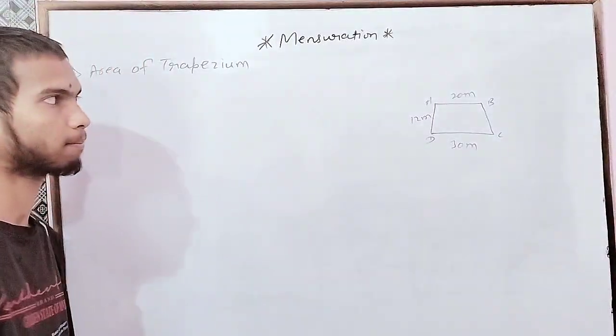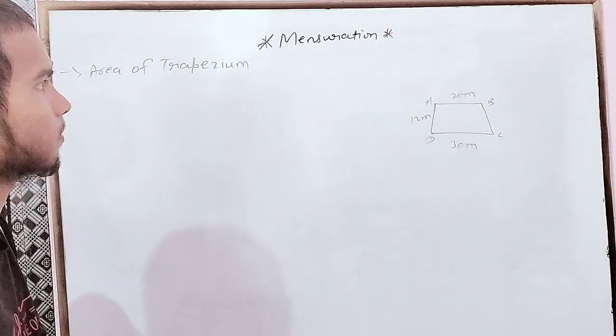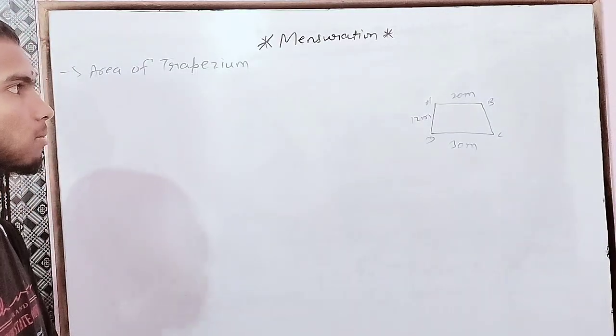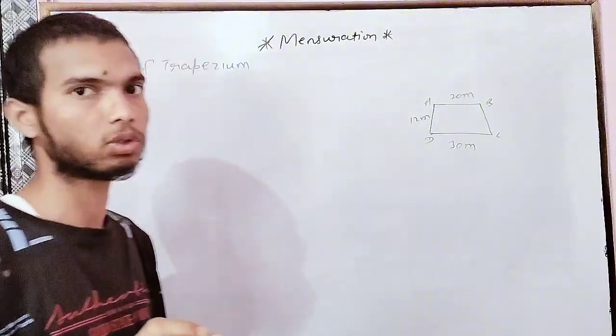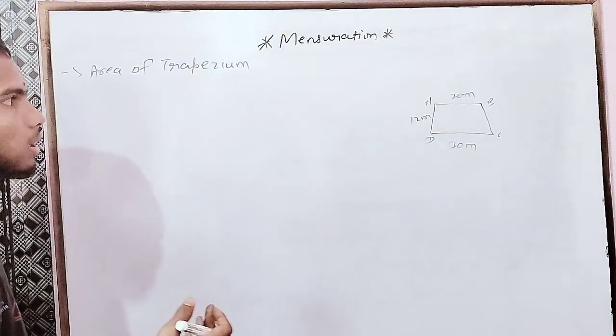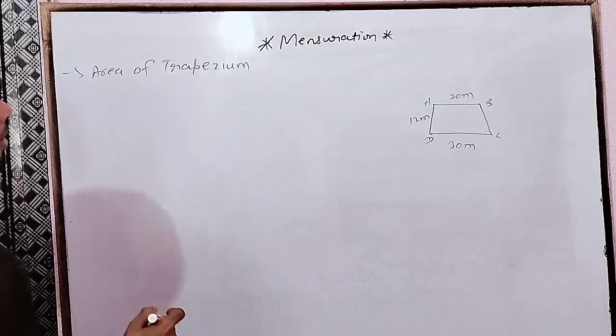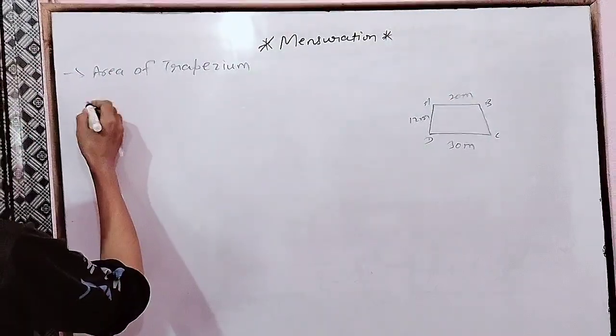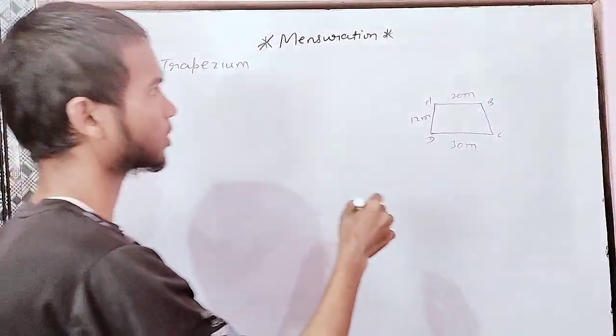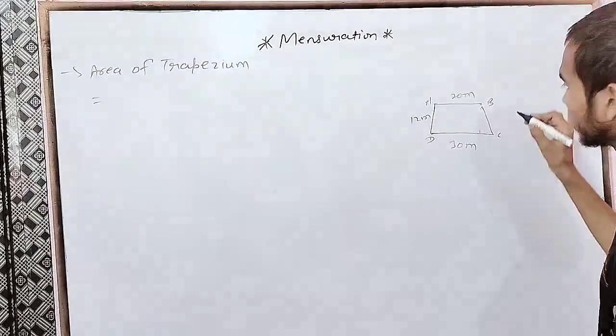Now, this is a quadrilateral. This is not a parallelogram. We have two parallel sides which are not equal to each other in measure. So here we have a formula. First of all, we are observing a rectangle.